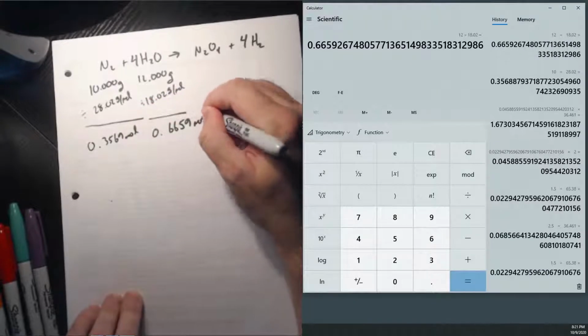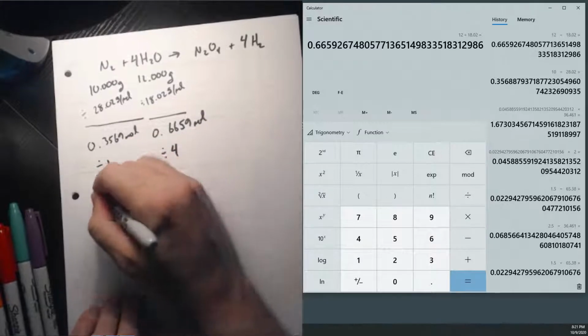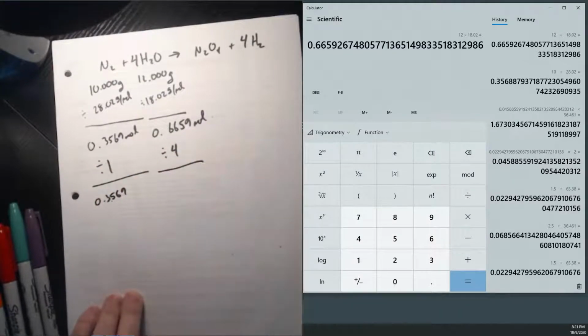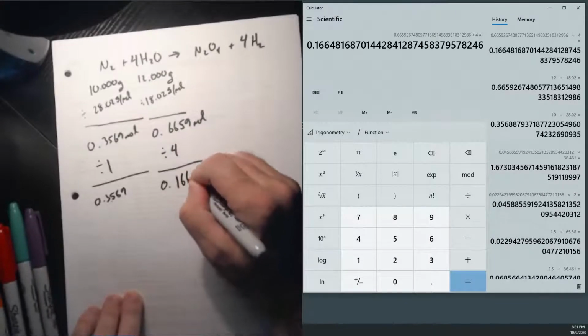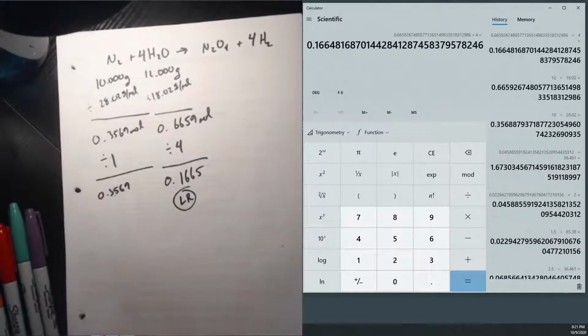Yep, still looking like it's going to be water because now we divide by 1 and we divide by 4. 0.3569 versus 0.1665. Yep, water is definitely the limiting reactant.